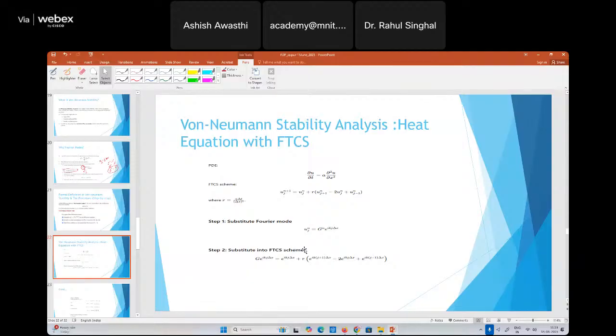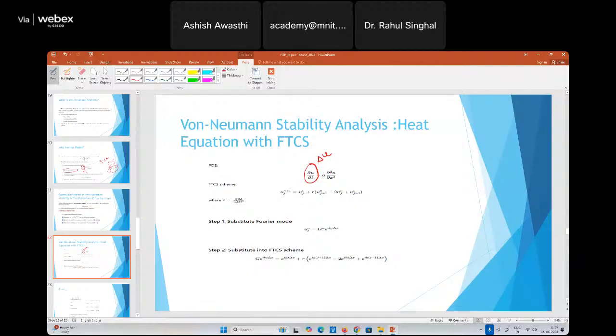That means the derivative with respect to time is approximated by the forward difference. Basically, again, it is an interpolating formula. So we have used the forward difference for the time derivative approximation, and for the spatial derivative we have used the central difference, right?